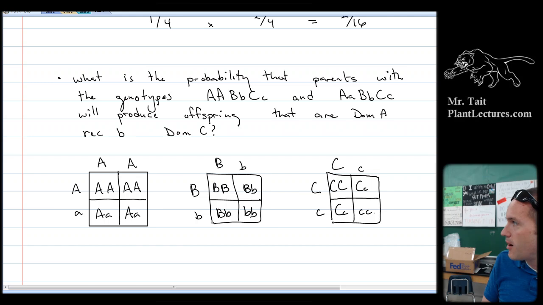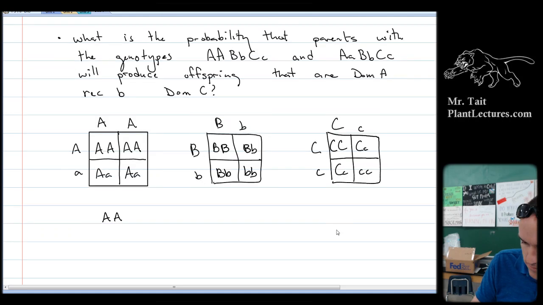Okay, so what is the probability that you're dominant for A? It's 4 out of 4. Okay. What about recessive for B? Hang on. So dominant A, recessive B would be 1 out of 4.